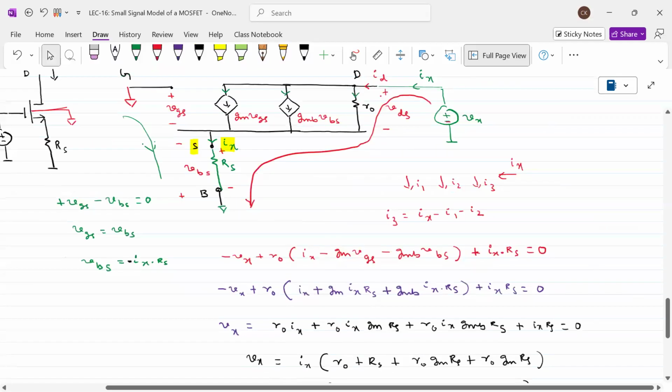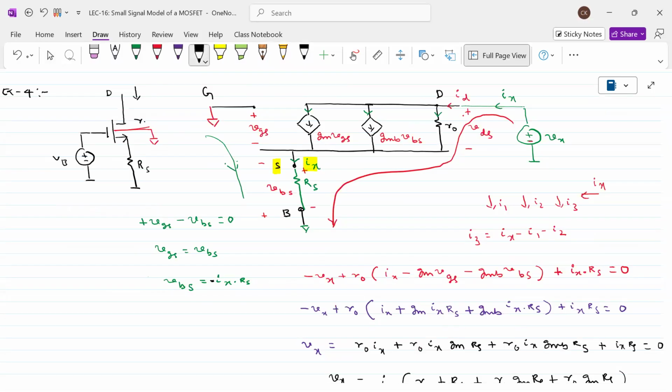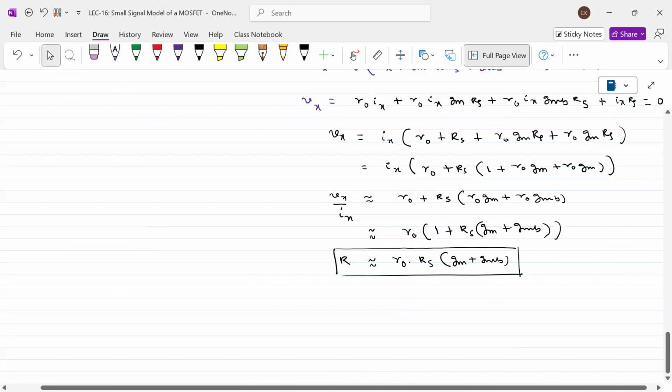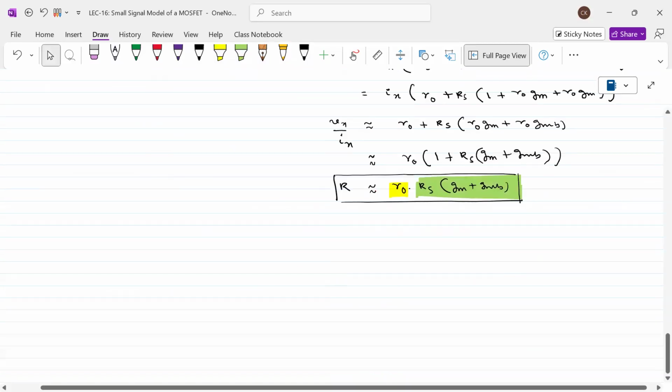When you have the MOSFET with a source resistance Rs, this resistance R naught is multiplied with the source resistance Rs into Gm plus GMB. Please look at it carefully. So at this point, the MOSFET will give you this information as well as this information also. And please try to do it at your home.